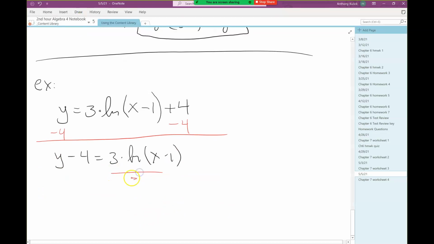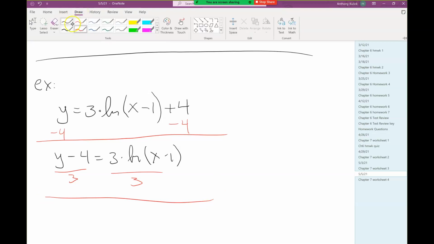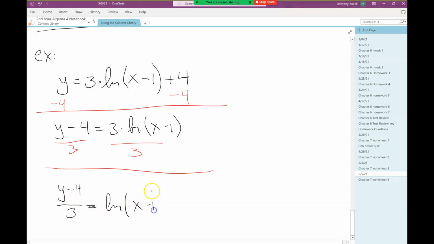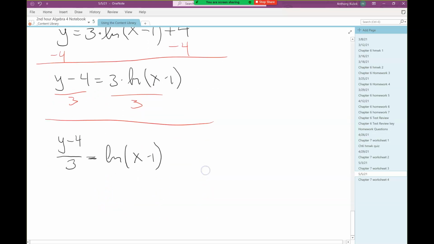Divide both sides by 3. Okay. And then how are we going to get rid of that natural log there? What cancels a logarithm?